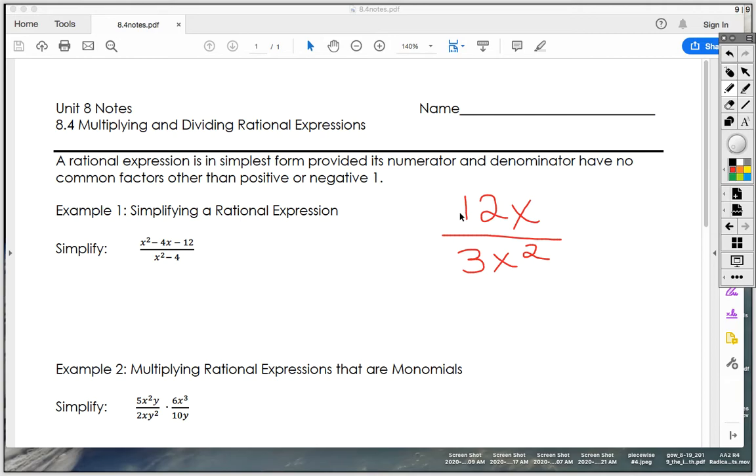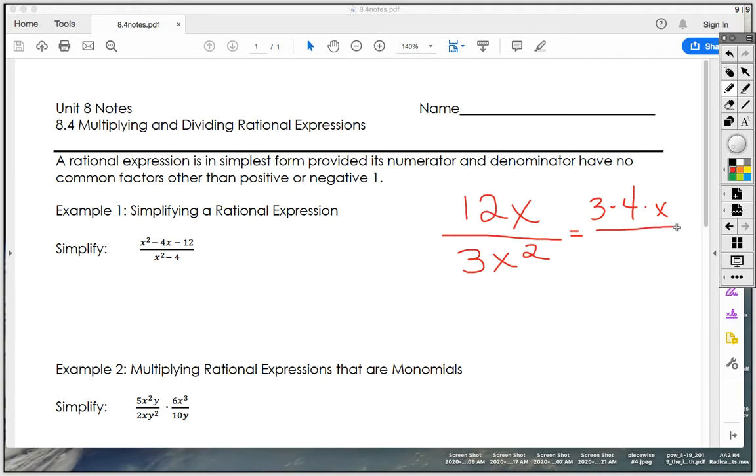Well, I have to say, hey self, look, there's a 3 right here, so I'm going to use 3 and 4 rather than 2 and 6. So this is equal to 3 times 4 times x.